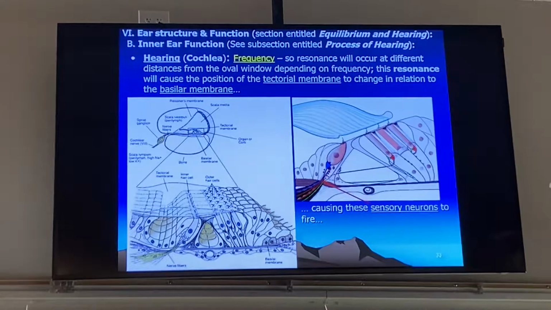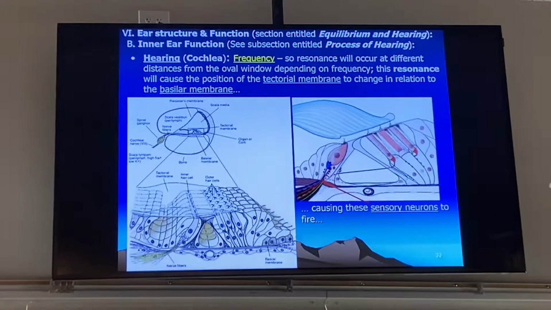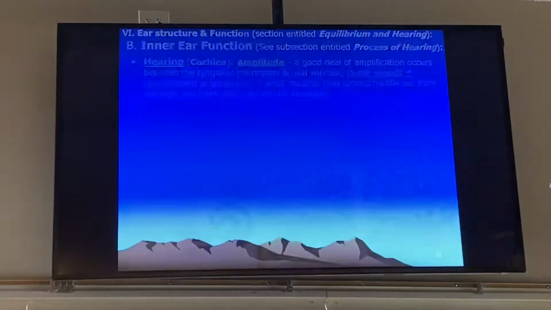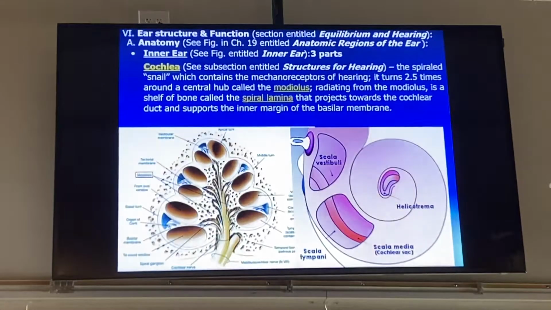No. Because this is now in liquid, remember, because this is all perilymph and endolymph. But notice when you look at the 3 chambers, as it goes around the hub, how they are getting progressively smaller as it gets to the apex. That is the same thing as the differences in the whistle as I drink more Corona.